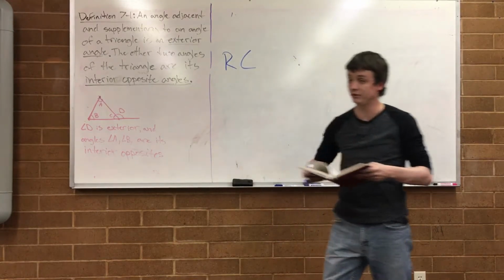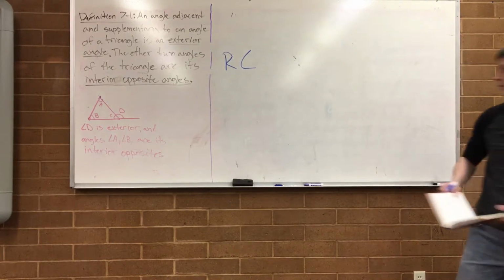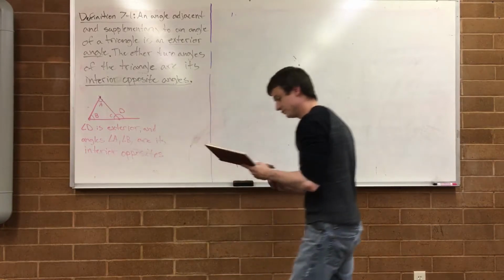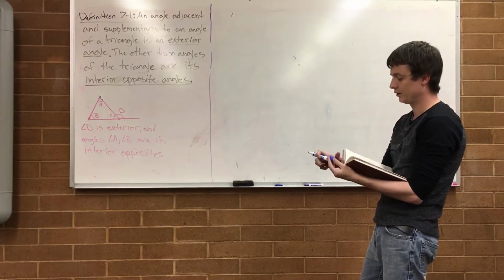Oh, I skipped a couple definitions. Alright, we need to go through four definitions and then we'll talk about RC constructions. So, forget that for a second. Alright, first definition. I won't write it out all the way.